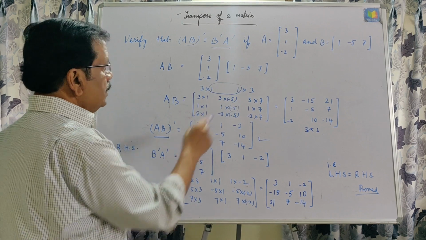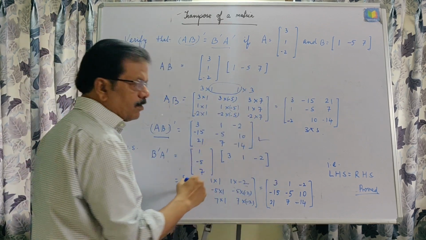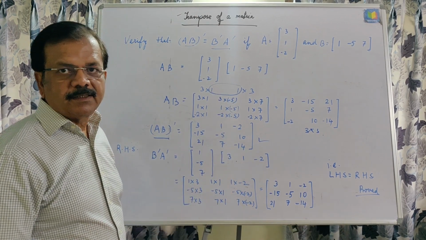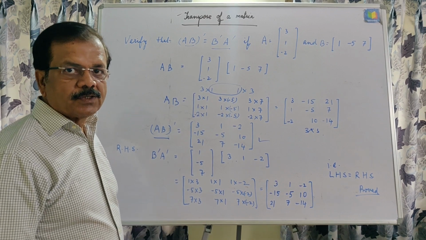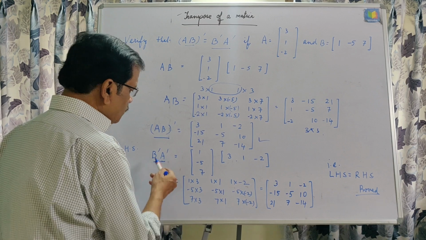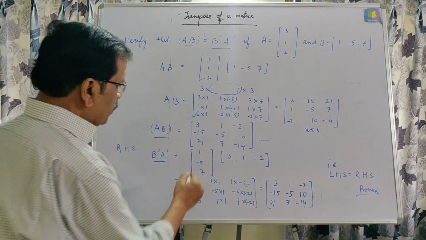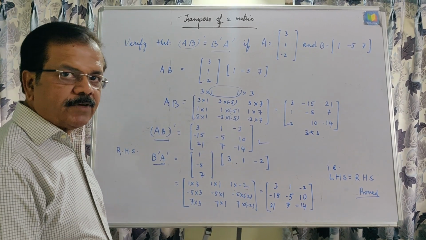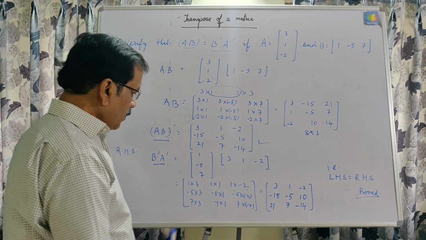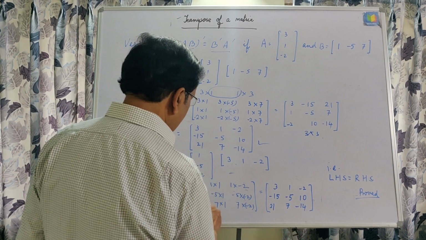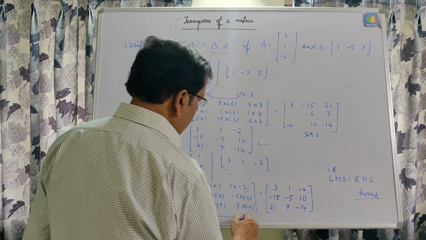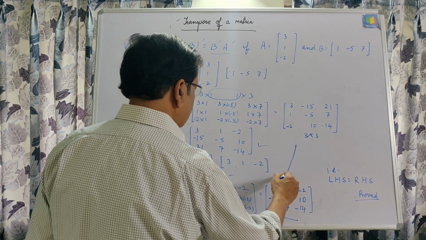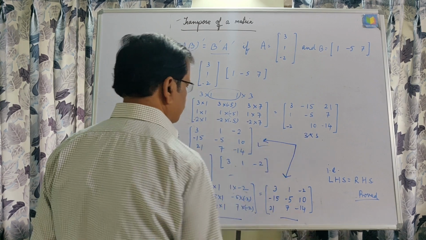Now the right hand side, that is B transpose A transpose. B is a row matrix, so we write it as a column matrix for its transpose, A is a column matrix, and we will write it as a row matrix because of the transpose. Then B transpose A transpose, this is a 3 cross 1 matrix and this is 1 cross 3, so after multiplication we will get a 3 cross 3 matrix, and from this multiplication we are getting this value, and you can see that this value is the same as this value.